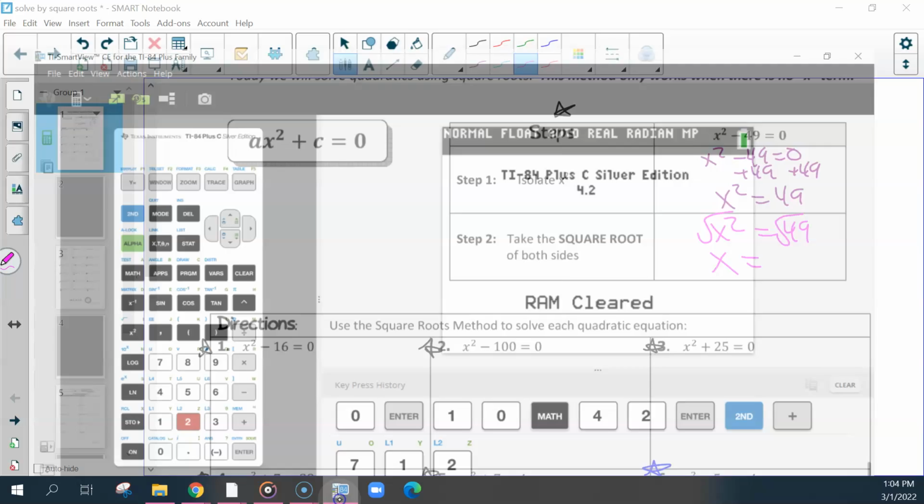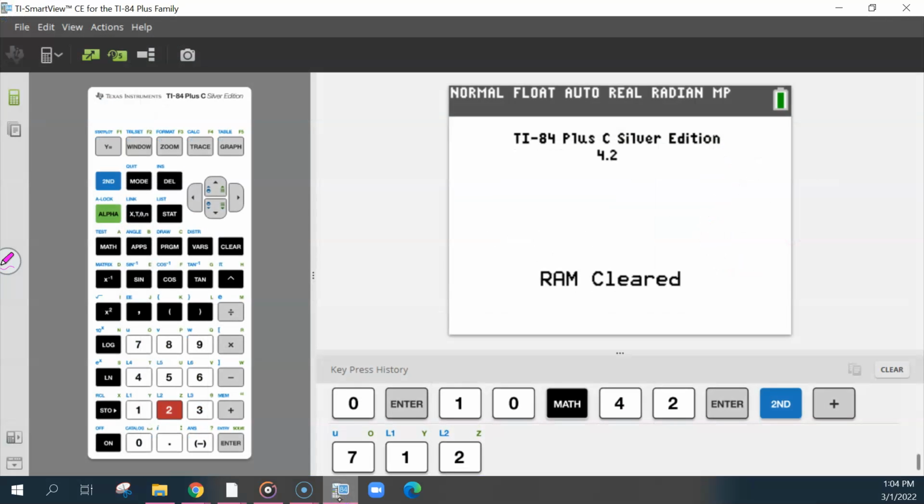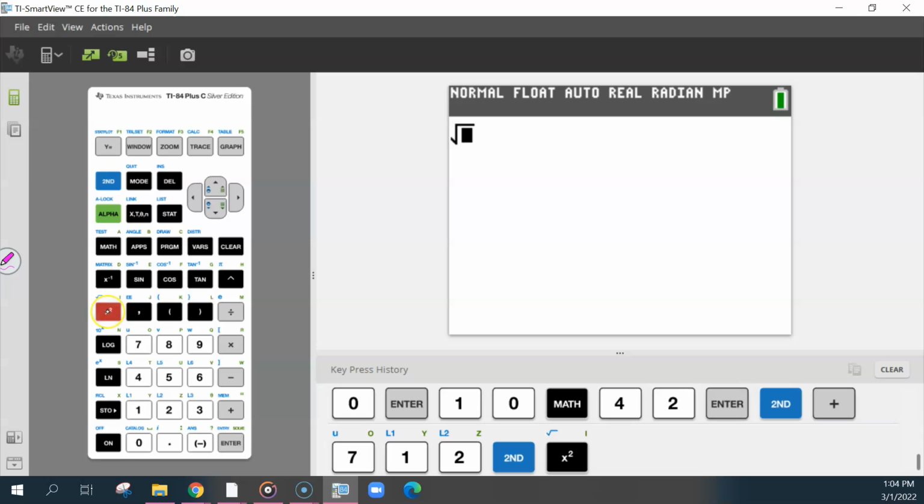If you don't know what the square root of 49 is, you can put it in your calculator. Second, x squared will give you your square root. And then you can put in whatever number you need. So if I put in 49, it would give me 7. Yes, we know that the square root of 49 is 7.